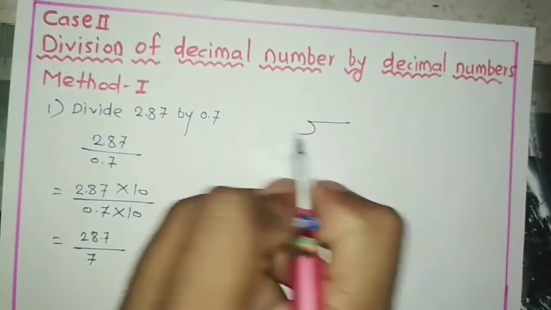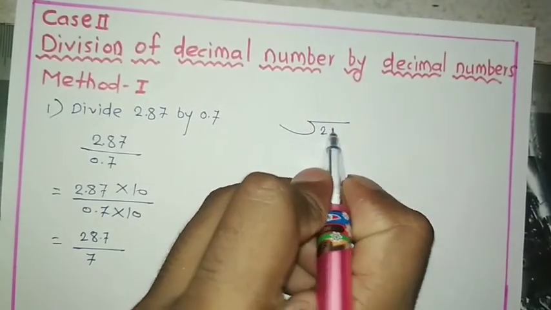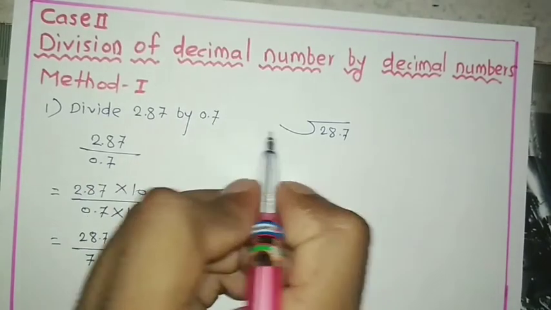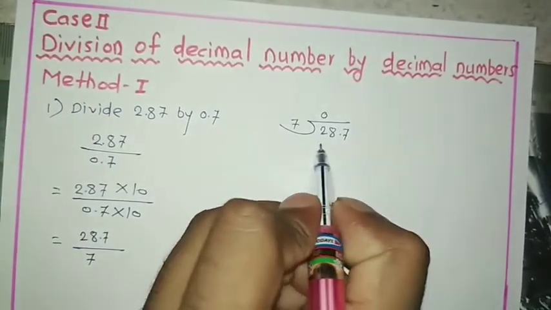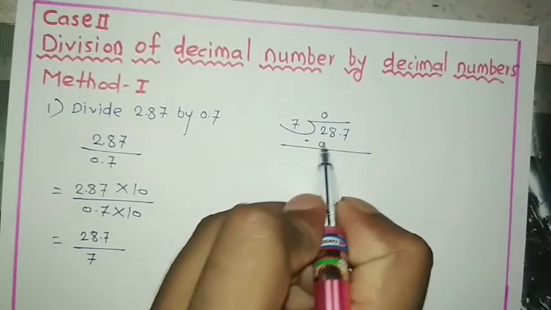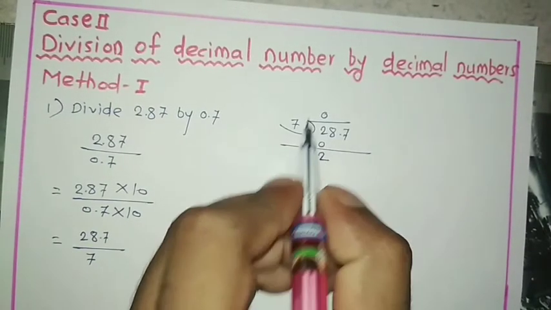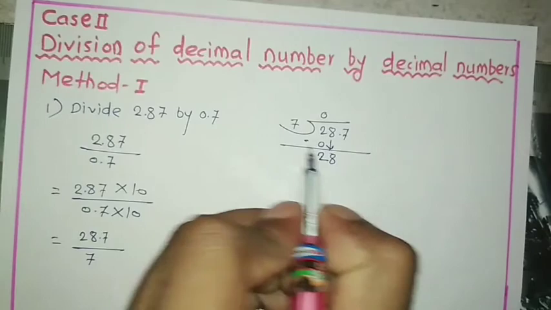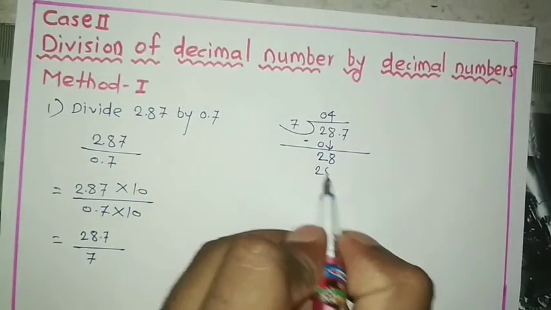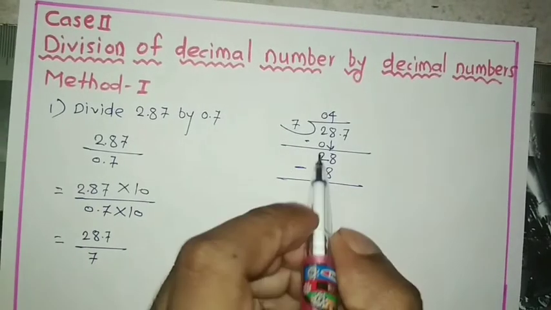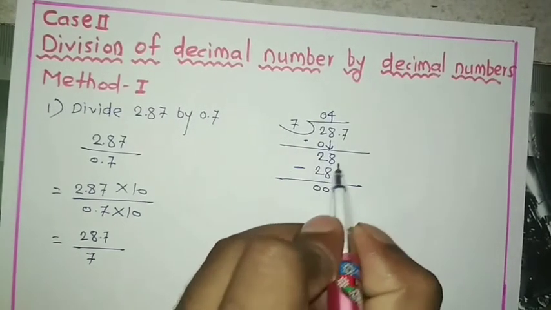So I divide 28.7 by 7. 7 zeros are 0, so 2 minus 0, 2 remains. I take this 8. 7 fours are 28, so 28 minus 28 is 0.